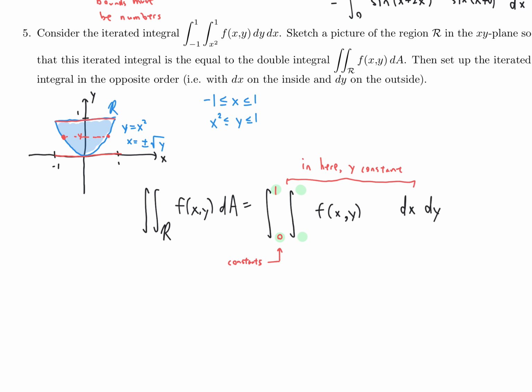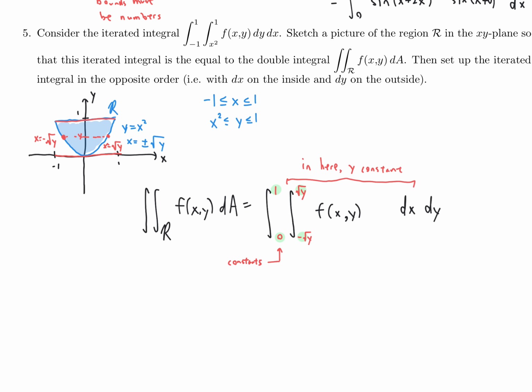And in fact, it makes sense that I would get two answers here, because on the lower end, that's where x equals negative square root of y, and on the upper end, that's where x equals positive square root of y. And so for a given y, those ought to be my lower and upper limits of integration for x.